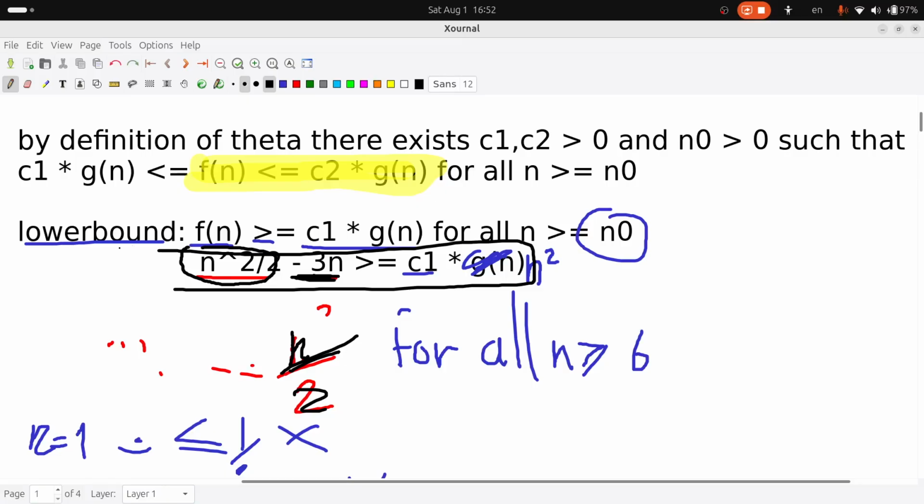The hardest part when we try to find the constant c and starting point, that is the crucial one and the hardest one to find the inequality equation. I have to try to simplify this n squared divided by 2 minus 3n, but we need to simplify it to n squared. That's what we are going to do.